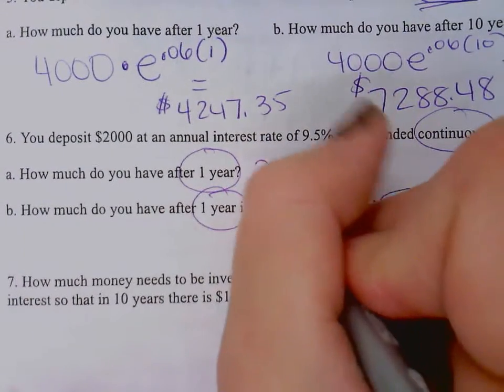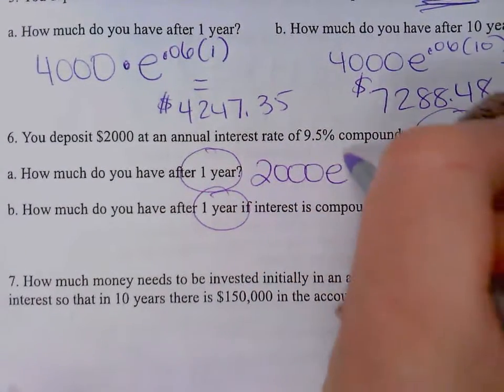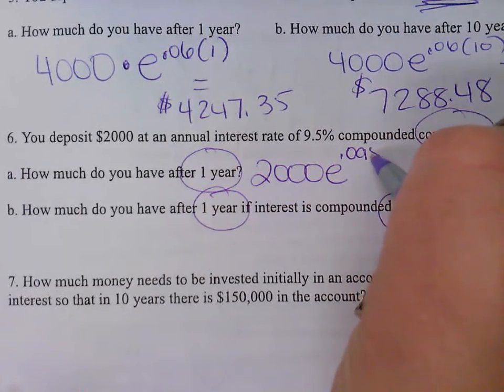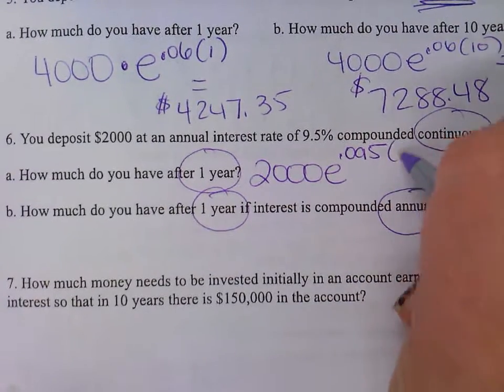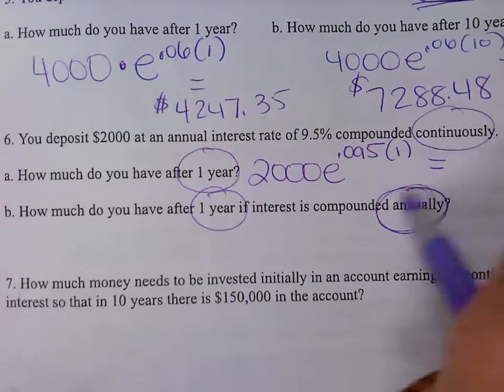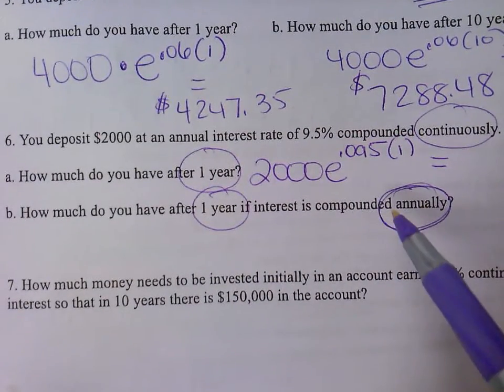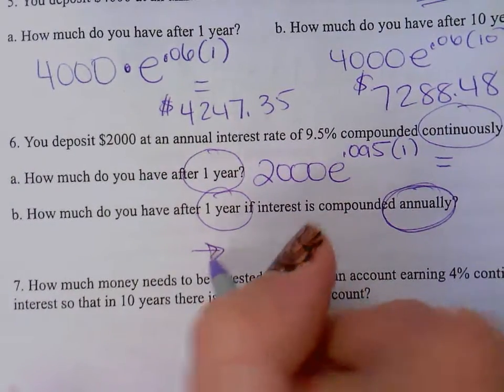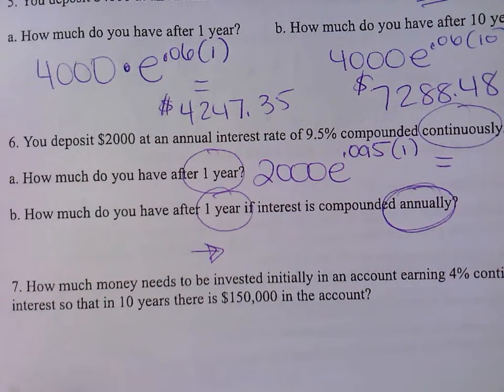So this one would be that 2000 e to the 0.095. If you want to write times 1, you can write times 1. Then this one is your annual interest, which is from the front page. So see if you can use the front page equation to write out your annual interest and then compare them.